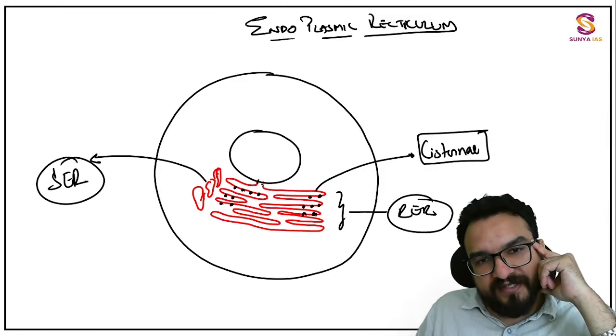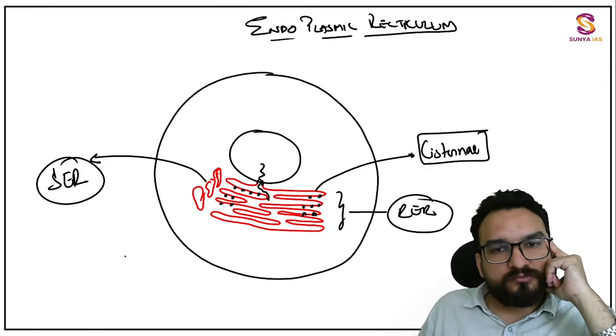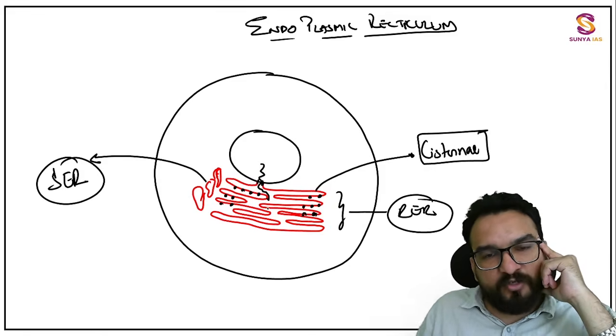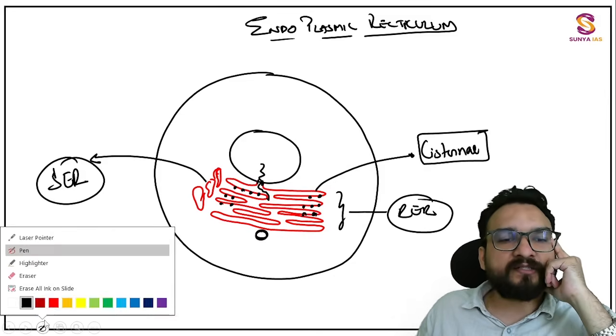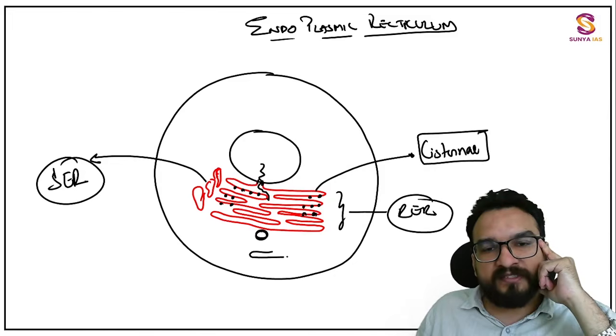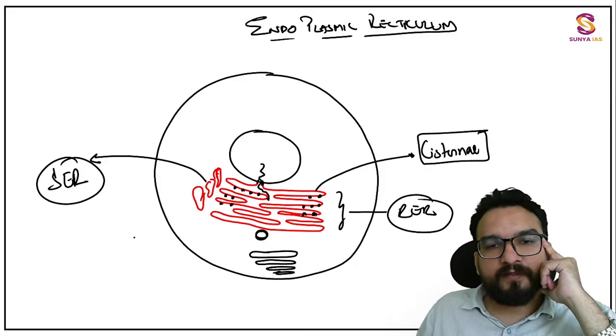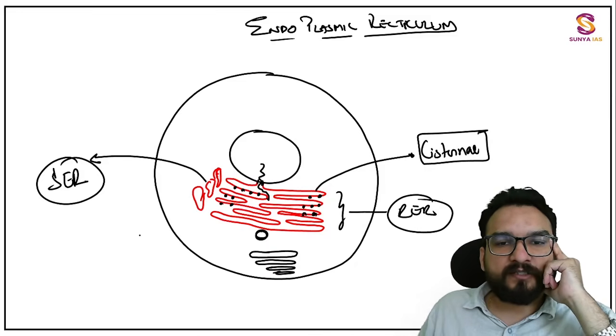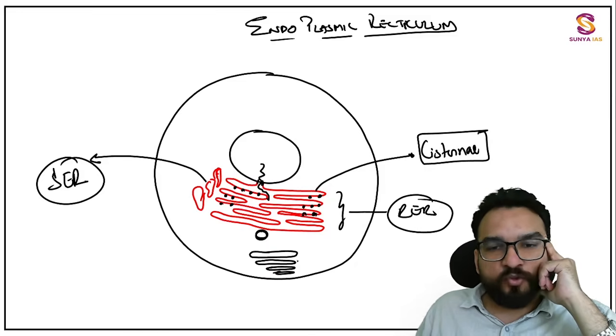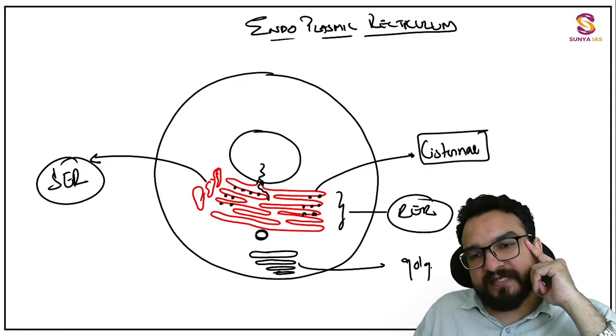These are connected with the nucleus, so that whatever code comes out of the nucleus, the ribosome will translate that code. They will form the protein and send it to the Golgi apparatus. The Golgi apparatus will be present in the cell like this. We will understand the Golgi apparatus next.